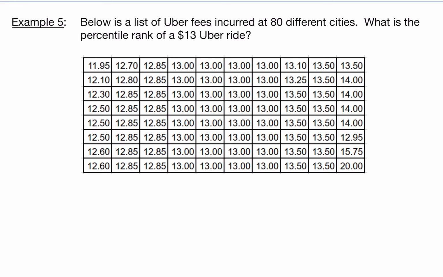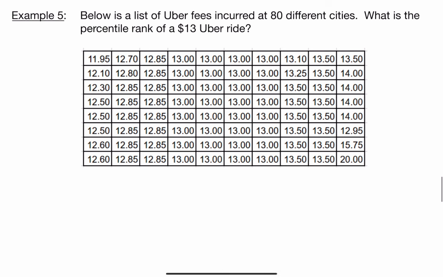If we take a look at the prices in this chart, they're in increasing dollar order: $11.95, $12.10, $12.30, $12.50, $12.60, and so on, all the way up to $20. We know that there are 80 fees in this chart, because we're told this is across 80 different cities.